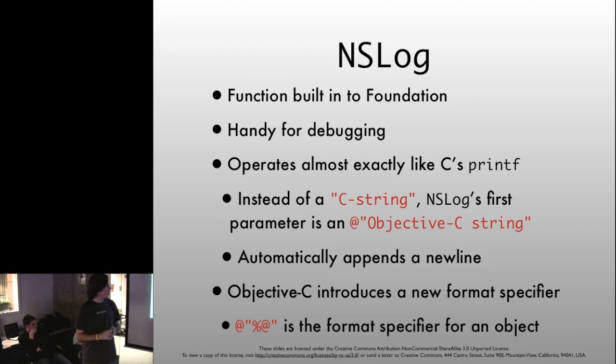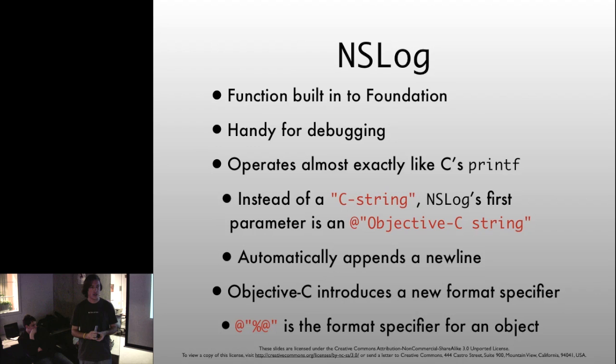But other than that, it's pretty much the same as printf. You can do all the same format specifiers, specify the width of all those parameters that you pass into the format string. Objective-C also introduces a new format specifier for objects. It's %@ that is the format specifier for an object, so that means you can print out an object using that specifier.